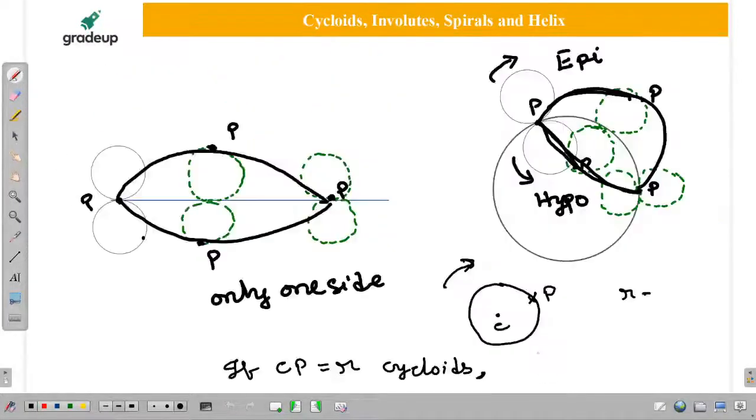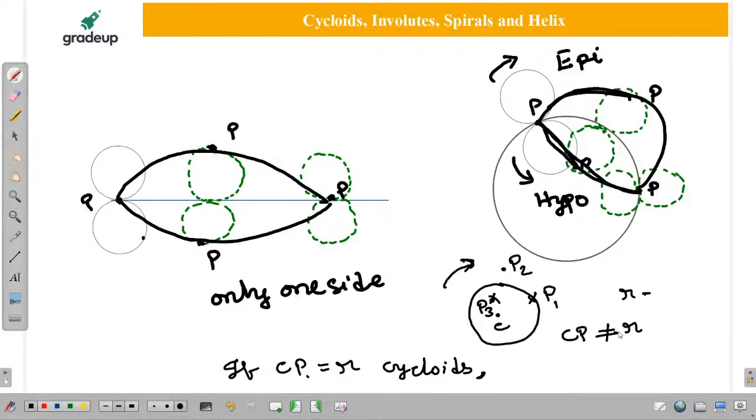Sir, let us consider if the point is not on the circumference, whether it is inside or outside. Let us consider these two cases. This is P1, CP1. So this is my second case. And the third one is the third case, P3. Sir, if CP is not equal to small r, then what is it called?